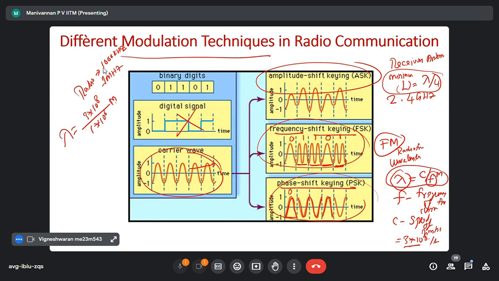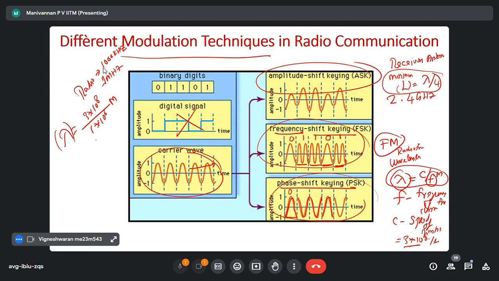So many meters is the length of a single cycle of the carrier. This is broadcast by the broadcasting antenna, which can be bigger also. A radio station or TV station antenna can be 100 meters.